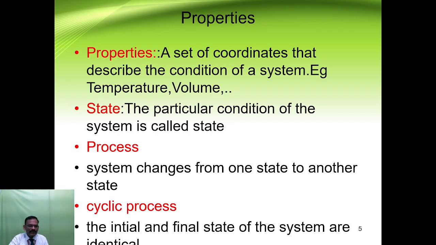And also, the cyclic process is where the initial and the final state of the system are identical. Cyclic process means repeatability. Wherever the starting point is equal to the end point, the initial and final states are equal or identical, it is called a cyclic process.